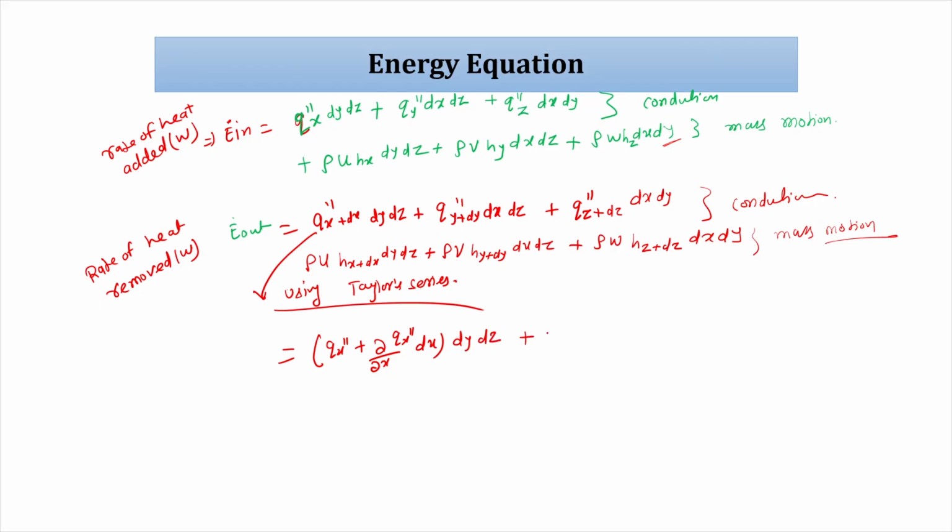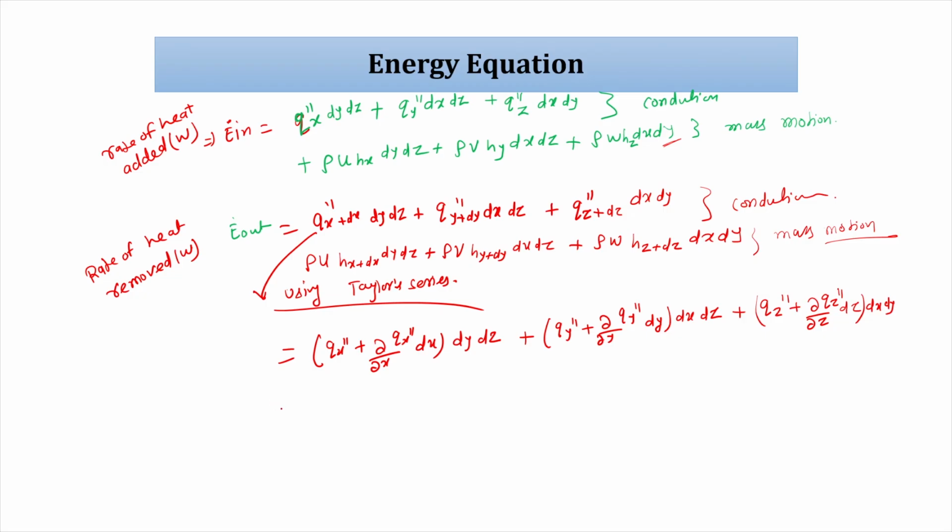The next term can be written as q y double dash plus del q y double dash by del y dy, times dx dz, plus q z double dash plus del q z double dash by del z dz, times dx dy. Okay.